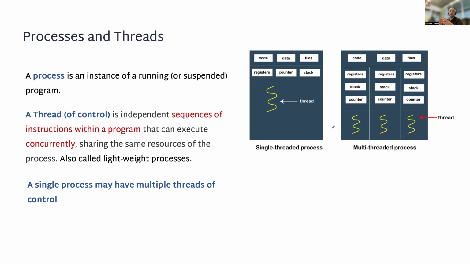You need to create a memory space for each process. You need a code segment, data segment, and everything. But in a multi-threaded program, you create one process, and within that process, you create different threads of control. These threads of control can share the memory and other resources of the process. So it has lower overhead. It's cheaper to create different threads than different processes.